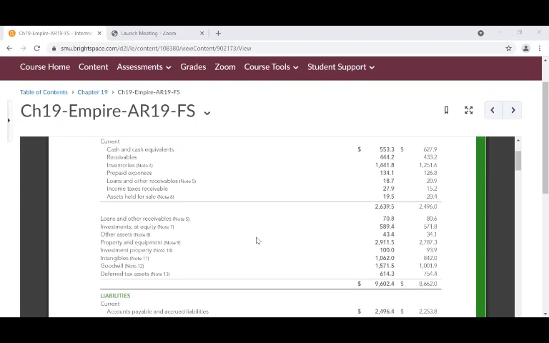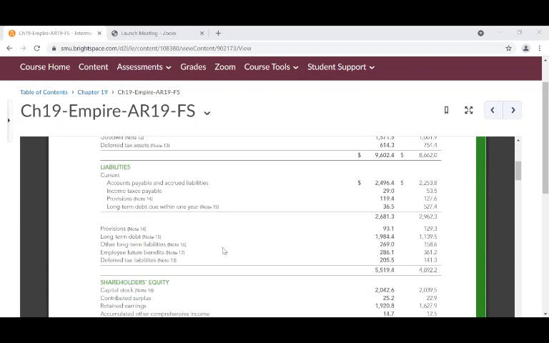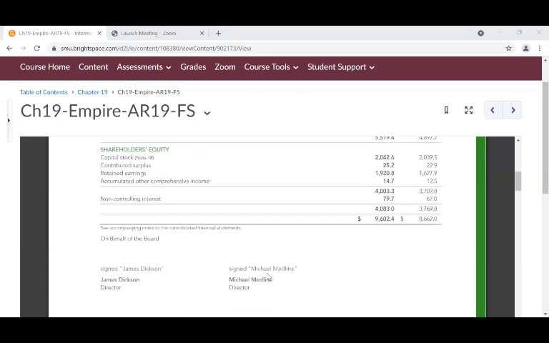They have, oh no, on this side. So they actually have this employee future benefits, that this is the net defined benefit liability of $261.1 million. So that's that.